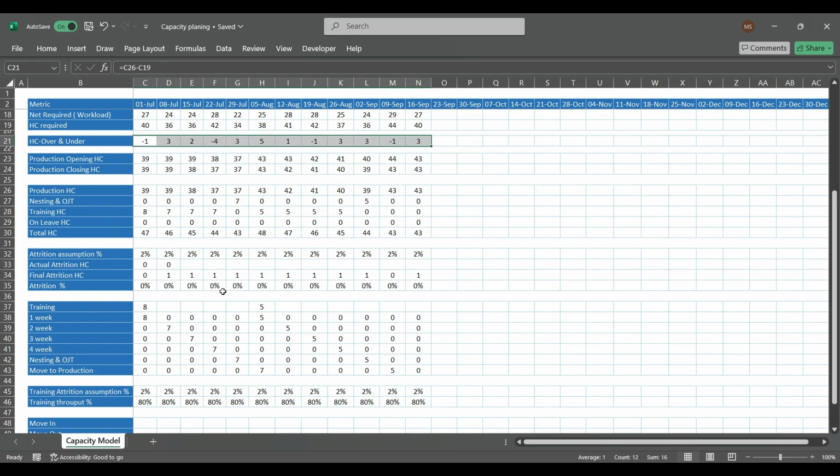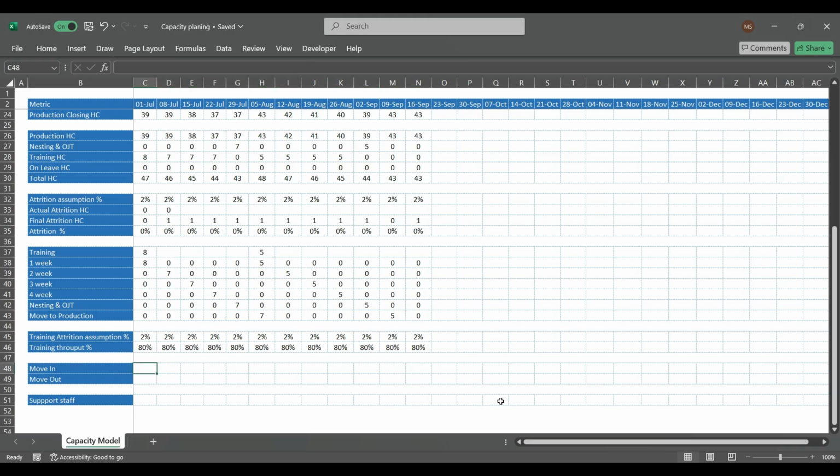Okay, and now there is one important thing once you prepare the capacity plan: move in and move out. Let's suppose you require some associates and you request them from your leaders.